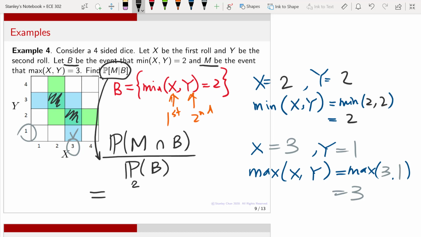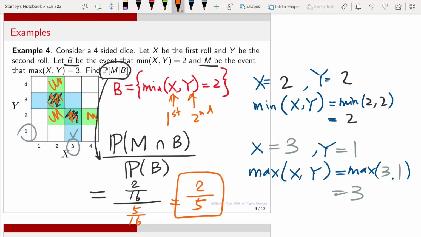So you have 2 out of 16 boxes that are checked by this intersection. The probability of B will essentially be anything that is green. So you have 5 over 16 here, and therefore the result is 2 over 5. That is the conditional probability of M given B.